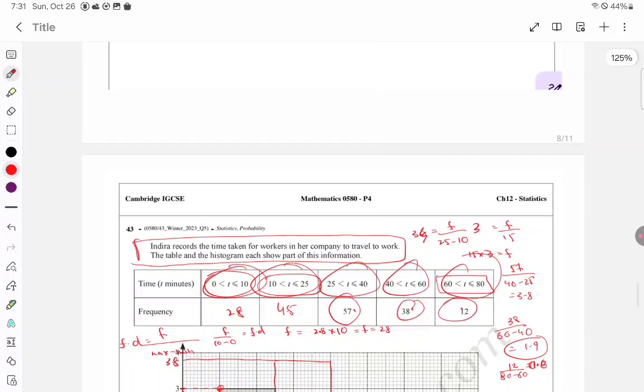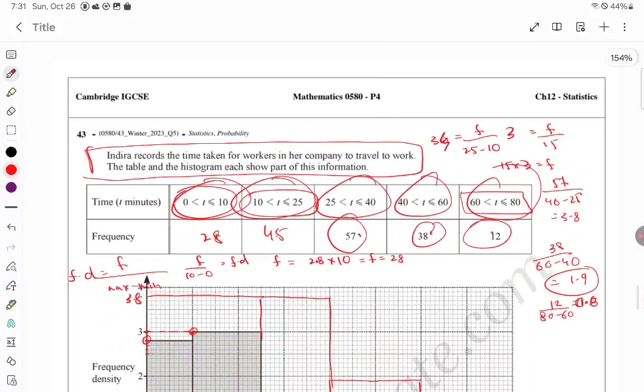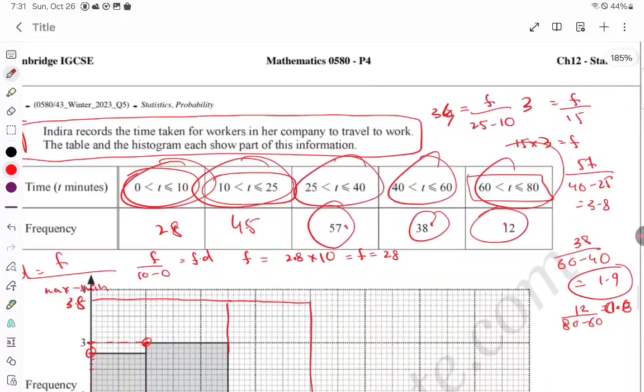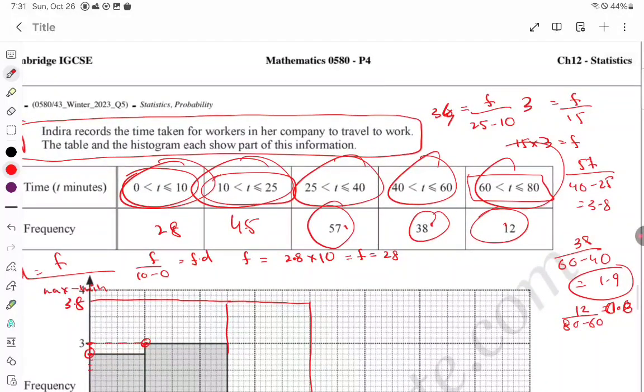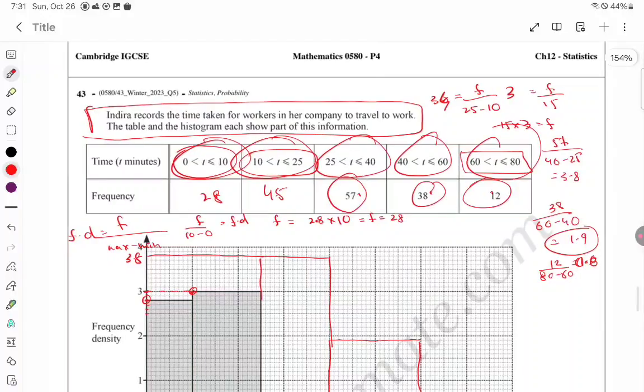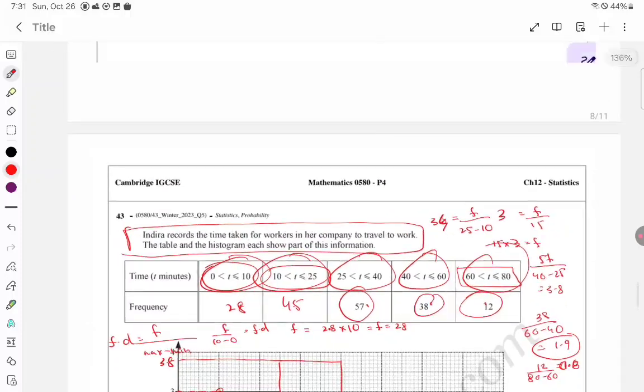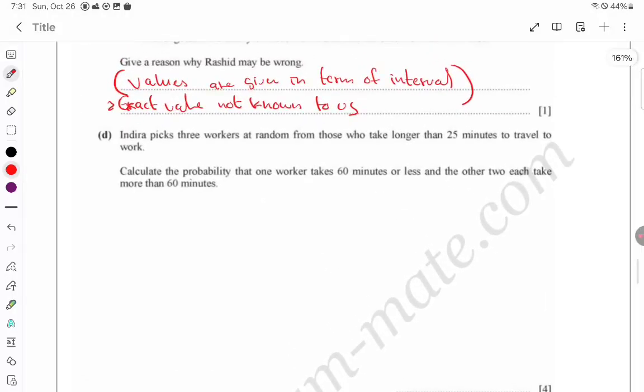For 60 or less, and for greater than it, we can consider this with the help of the given table.